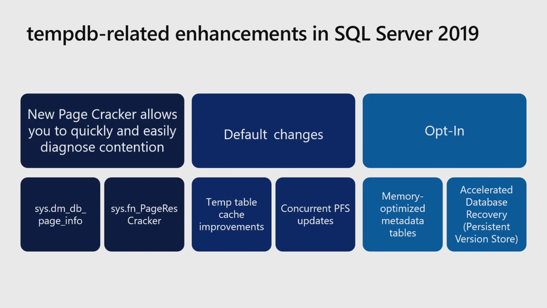But we don't need a specialized memory optimized file group for tempdb since it is non-durable anyway, and so it's all in memory. No disk is needed, and with the memory optimized tables, there's no latching and no locking, and we're able to massively increase the concurrency against these metadata tables using these lock-free, latch-free data structures.